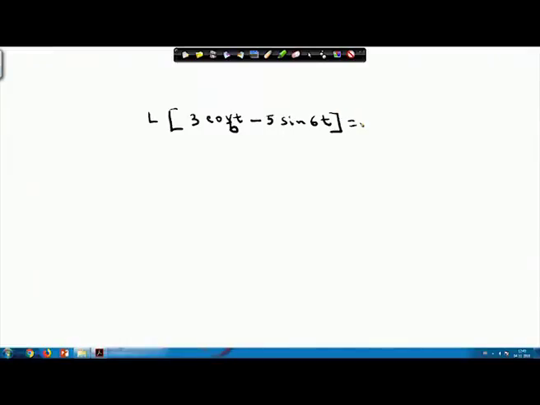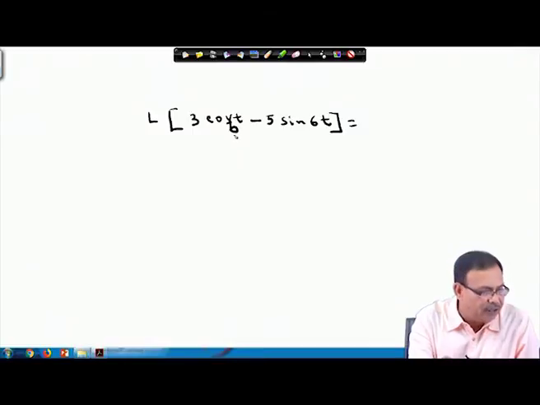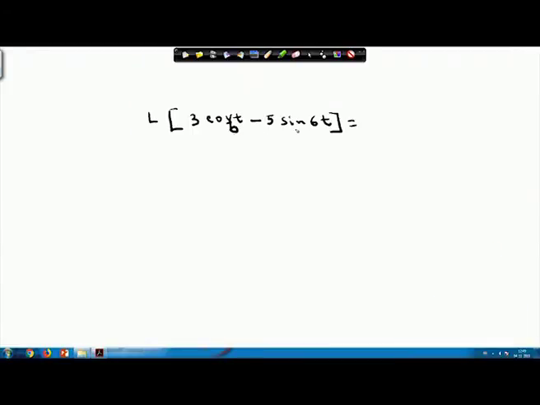I know that the Laplace transform of cos at is s by (s square plus a square), and the Laplace transform of sin at is a by (s square plus a square). So, I can find the Laplace transform of this function very easily. So, this will be 3 into s by (s square plus 6 square) minus 5 into a, which here is 6, divided by (s square plus 6 square).